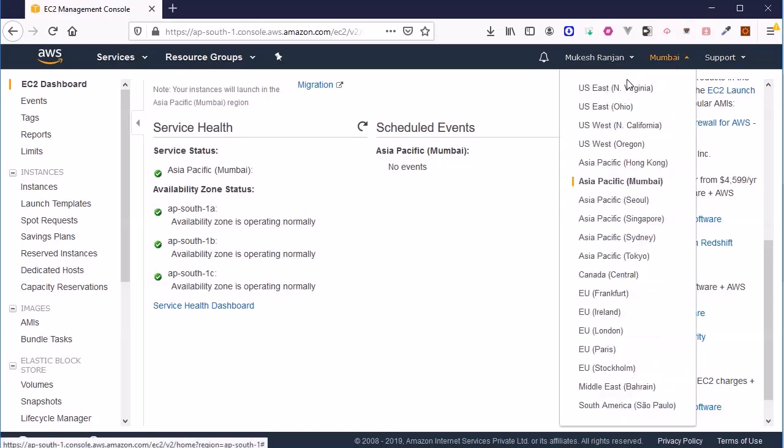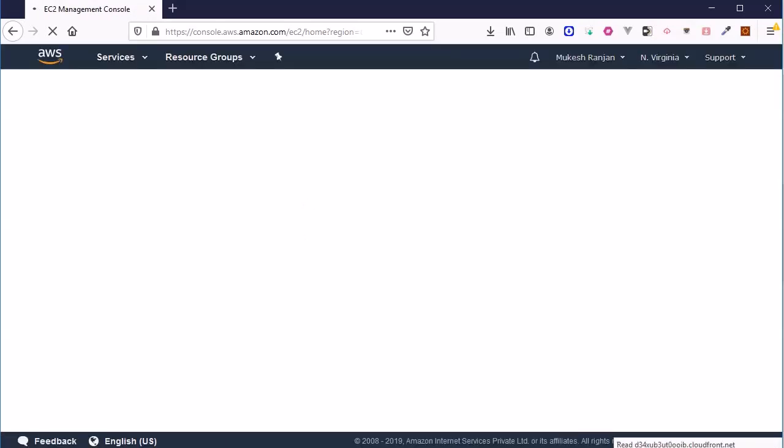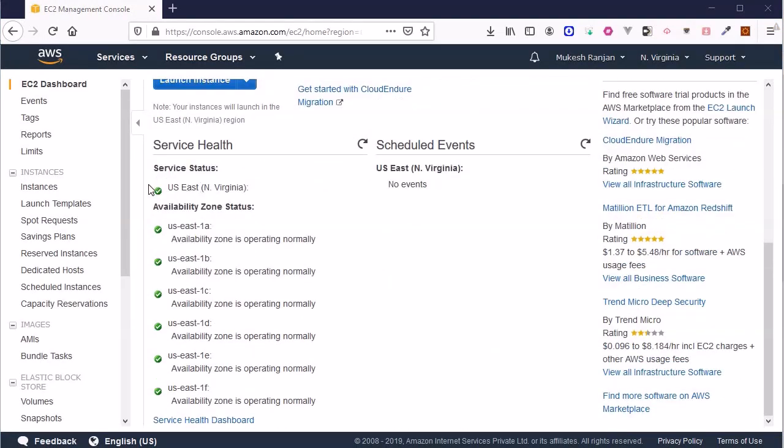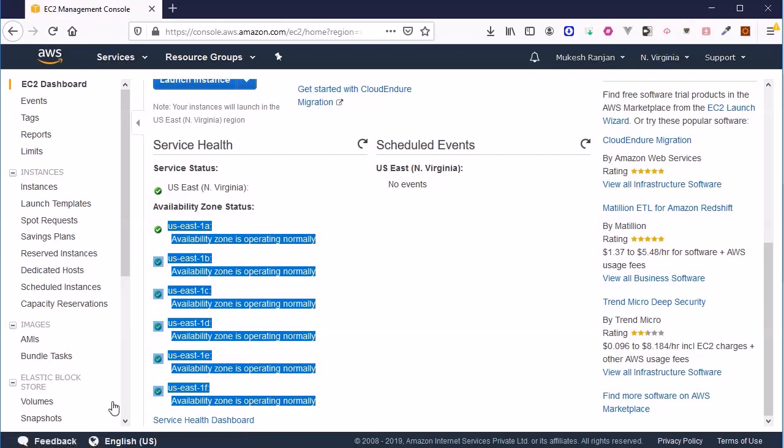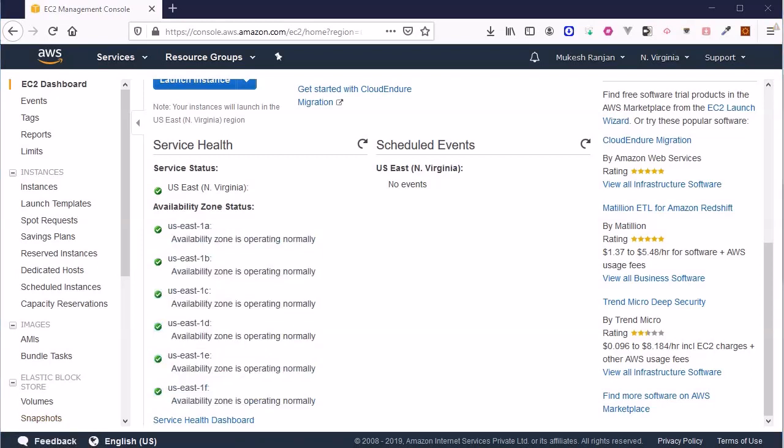But if you change it to the North Virginia region, you will find that it is going to change to 6. So let's look into that. Here you will find that we are in the US East North Virginia region and we have a total of 6 availability zones. So this is the way you can identify the regions as well as the availability zones.